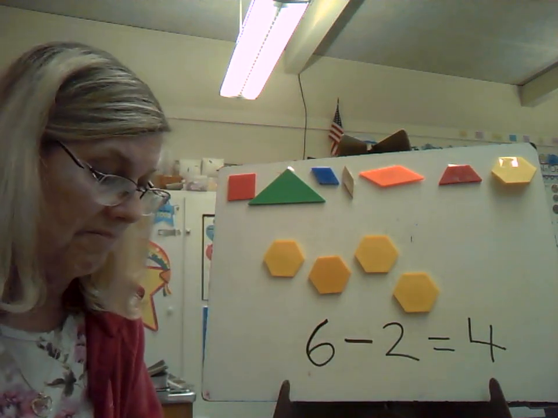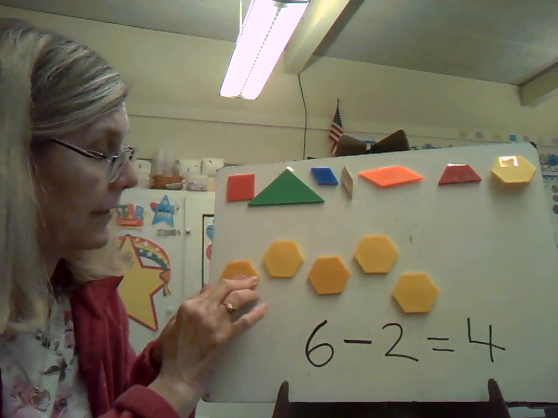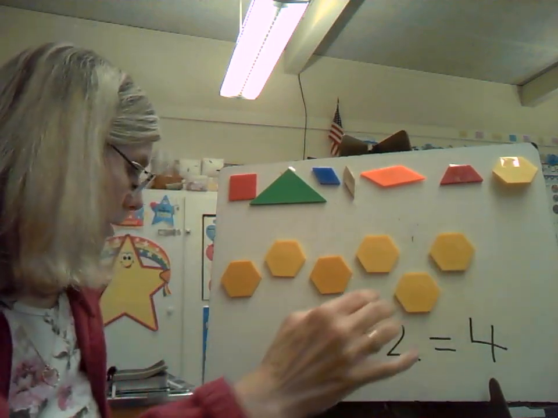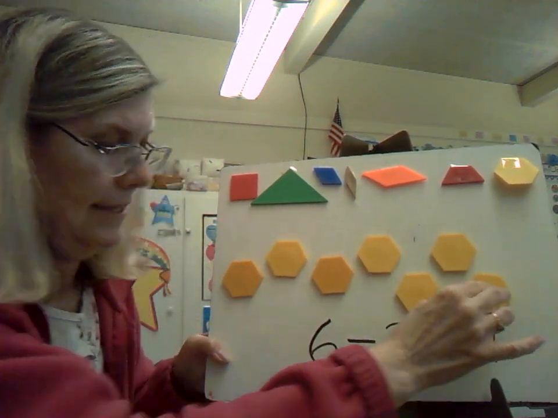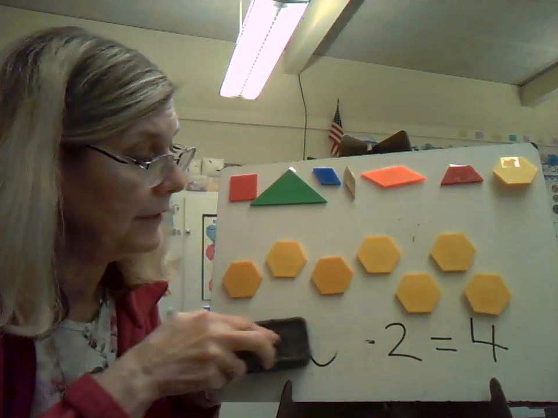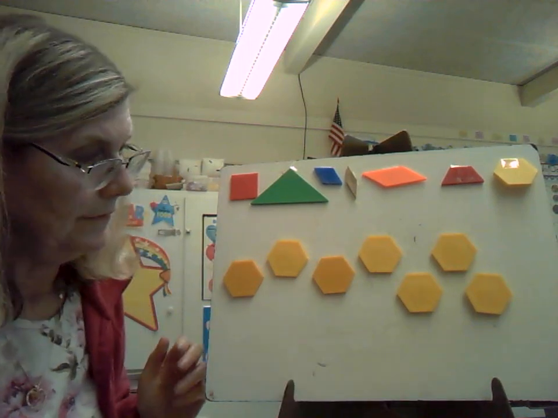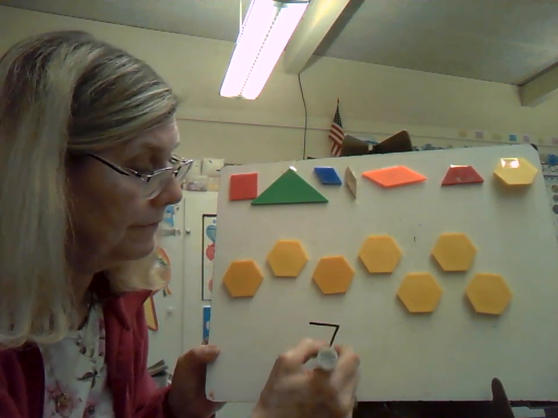Now, let's say that we had 7 hexagons. Let's put these 2 back that we had before, and let's put another one up there. And now we've got 7, don't we? Let's erase 6 minus 2 equals 4. Okay, we had 7.